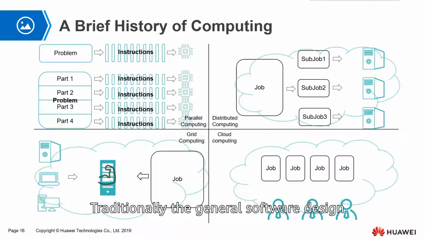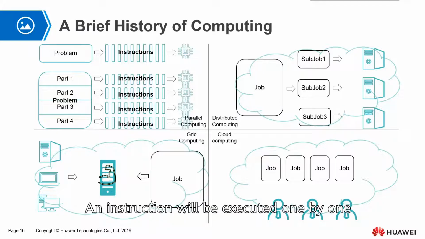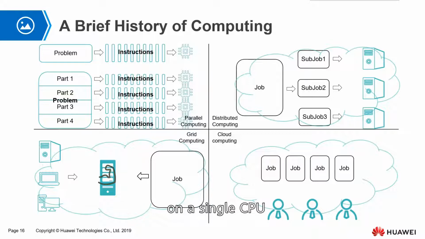Traditionally, general software design has a series of discrete instructions. An instruction will be executed one by one on a single CPU, and each CPU can only process one instruction at one time.